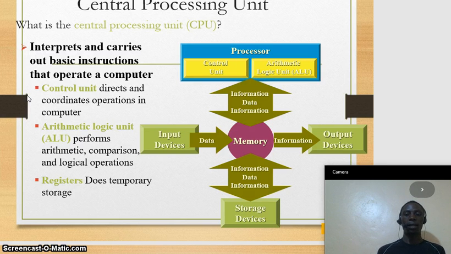We said it is that component that interprets the commands that we give the computer. We have looked at those three main parts of the central processing unit: the control unit, the arithmetic logic unit, and the registers.